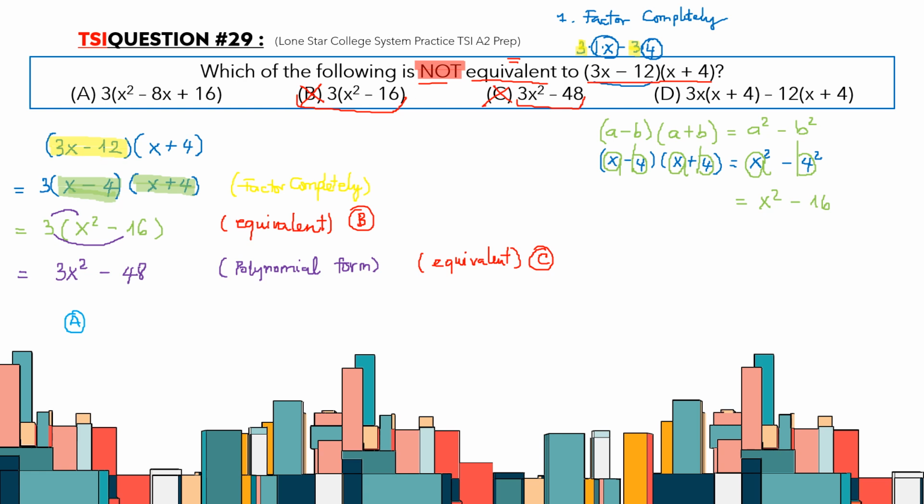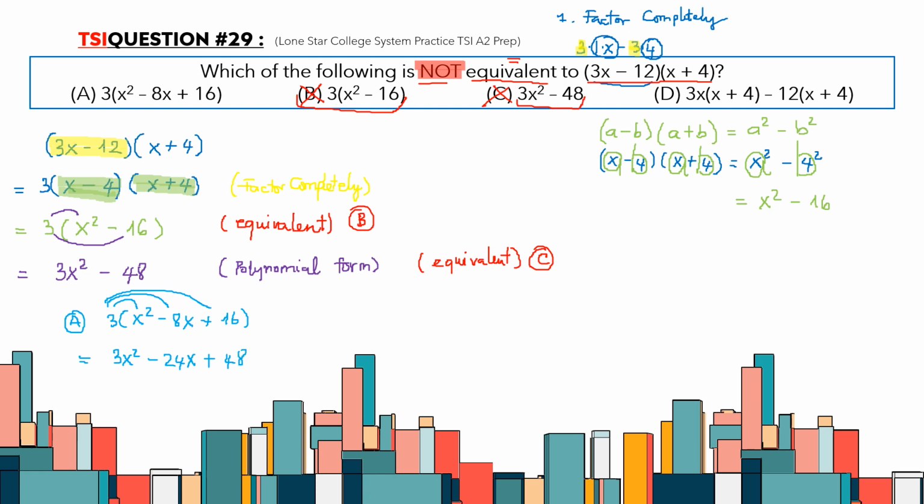We can distribute that 3 inside to see what happens. So 3 times x squared is 3x squared. 3 times minus 8x is minus 24x. 3 times 16 is plus 48.